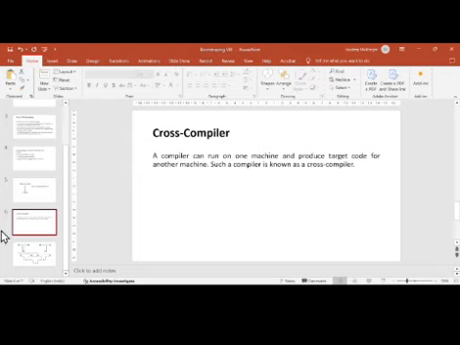So the first one is X to machine language using C++. This is our source code, and the next one is X to machine language using the C compiler, and there should be one more compiler to convert C++ to C by using the C compiler. This is called a cross compiler.